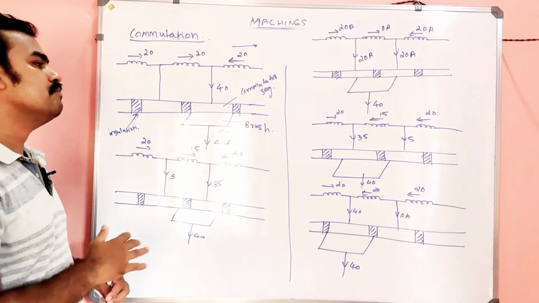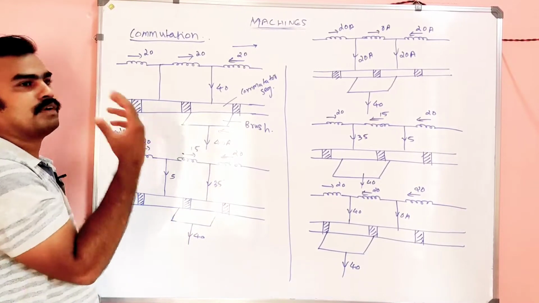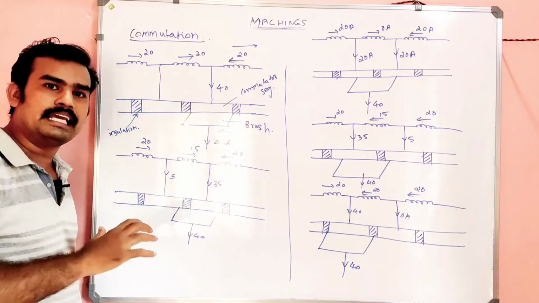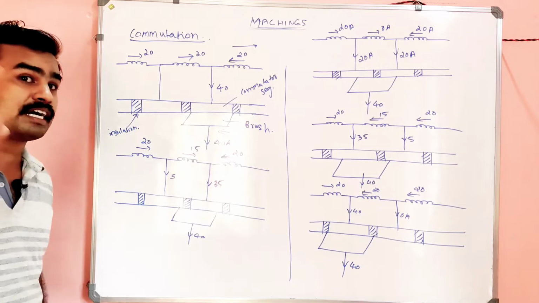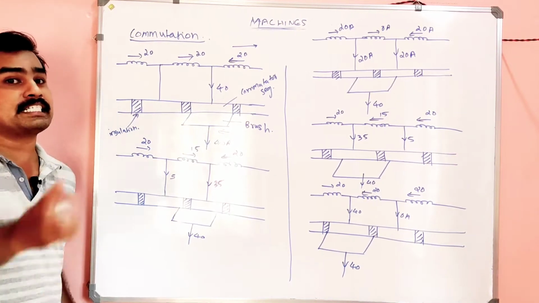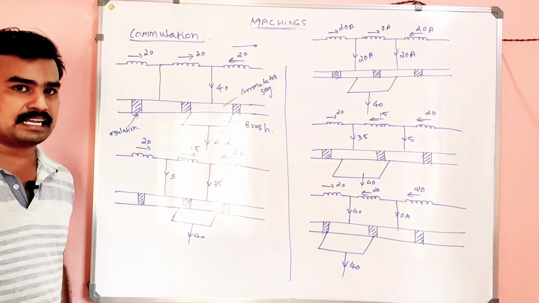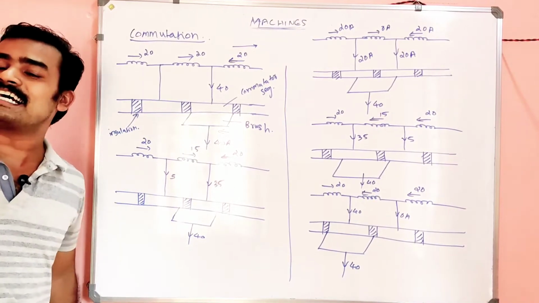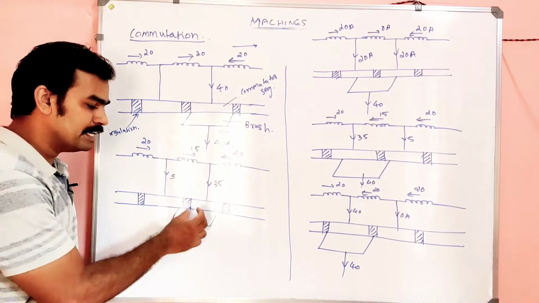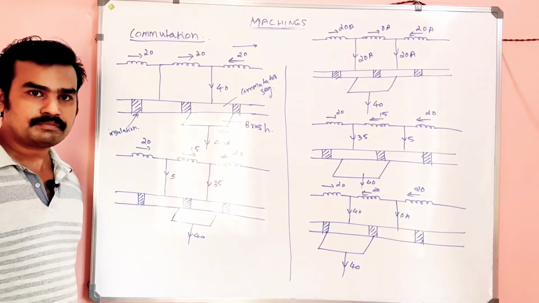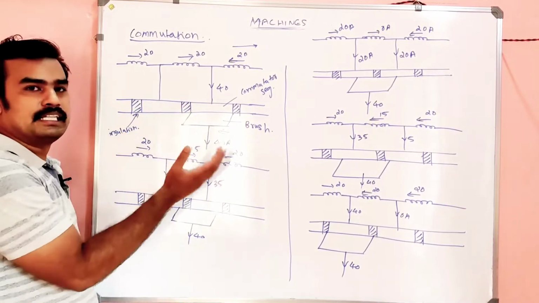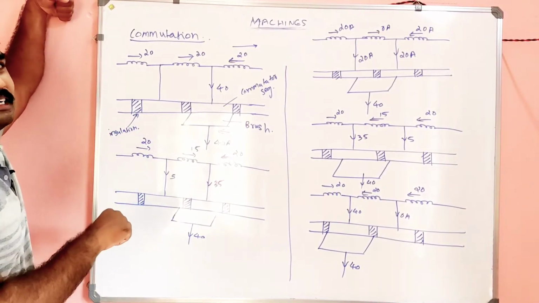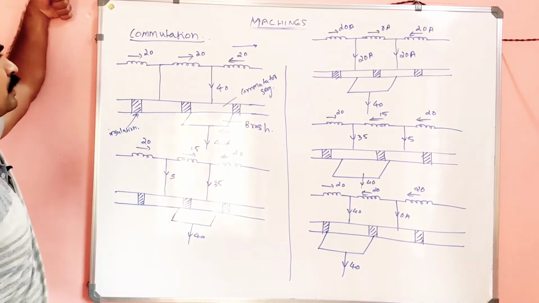In other words, the meaning of commutation is the reversal of current in the coil, and irrespective of that reversal, there is always a constant, unidirectional current available at the brushes. I will explain by using this diagram, and again I will come back to the definition, then it will be more and more clear.